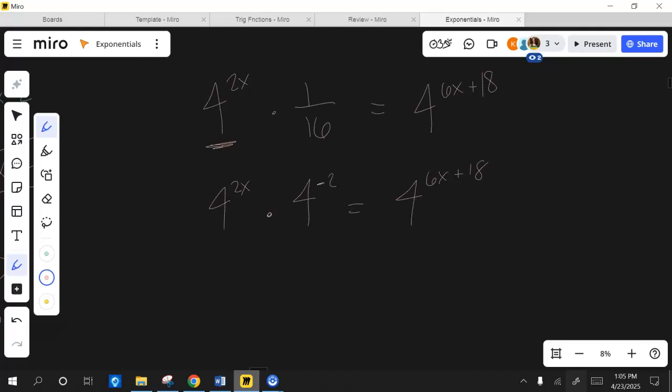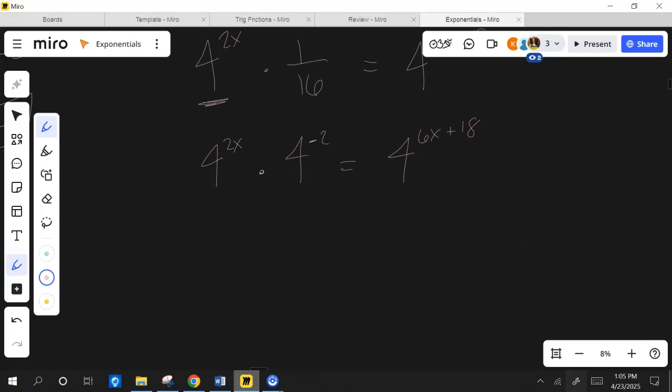No, because I have to make the exponent. If you multiply with the same base, you add the exponents. So this is 2x minus 2.